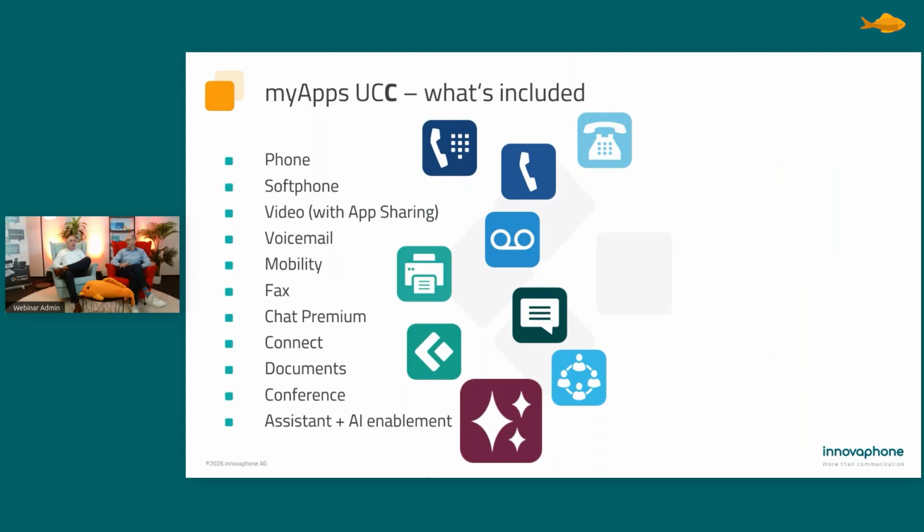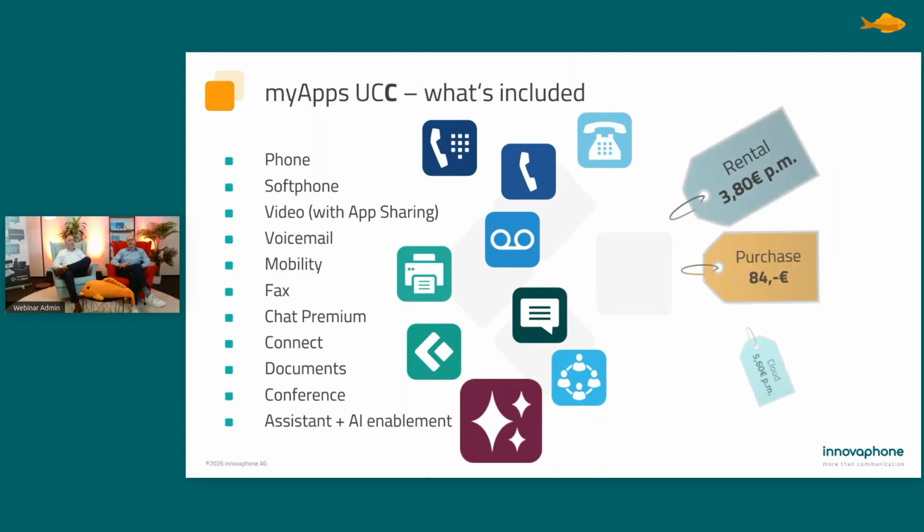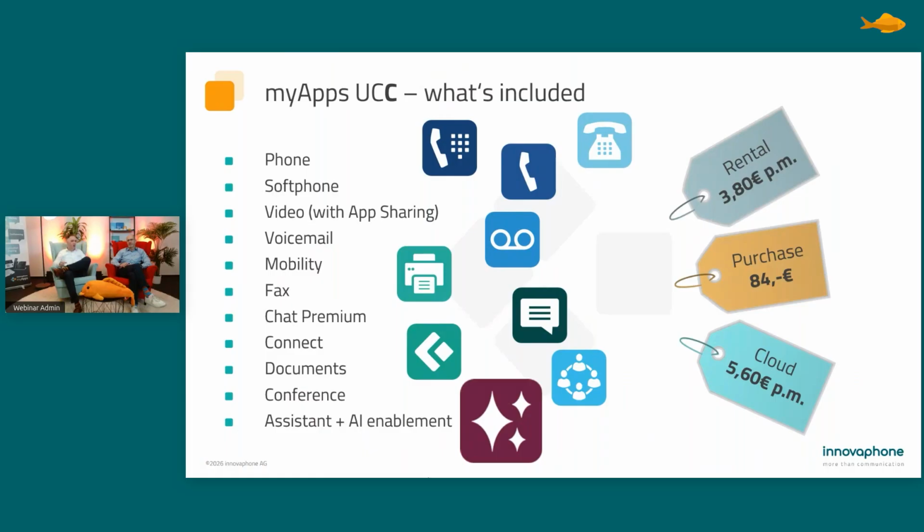And we have at the very first slide talked about competitive pricing, and what we want to stress and emphasize is that with that UC&C bundle you get so much more and so many more additional apps for your money.